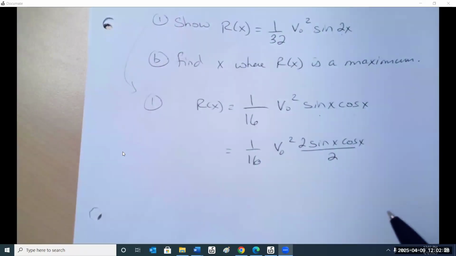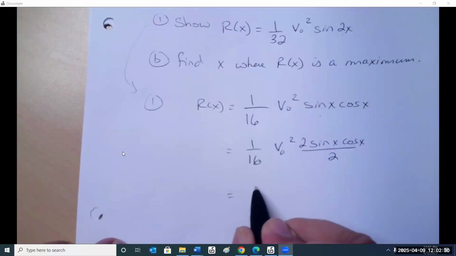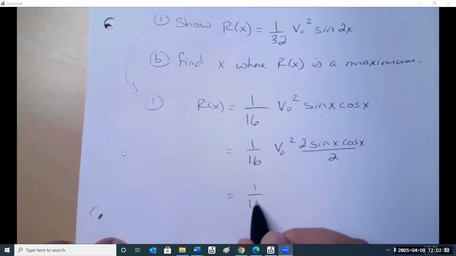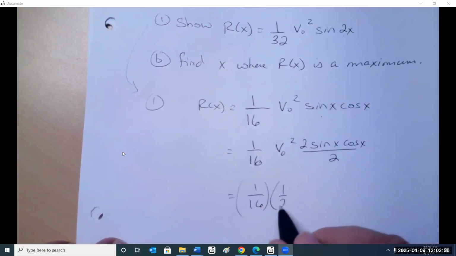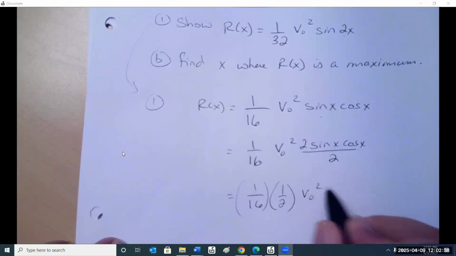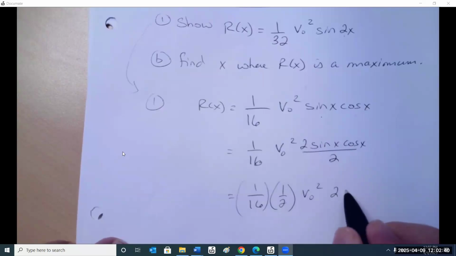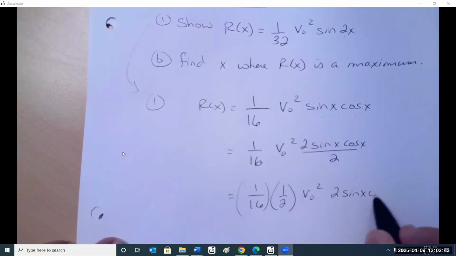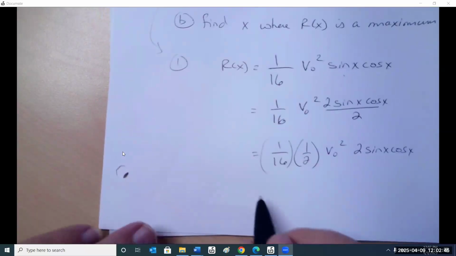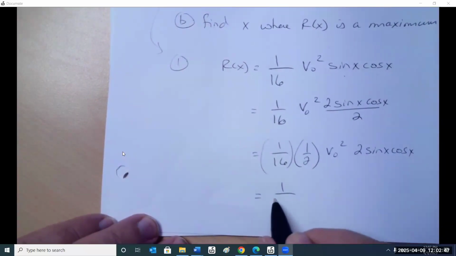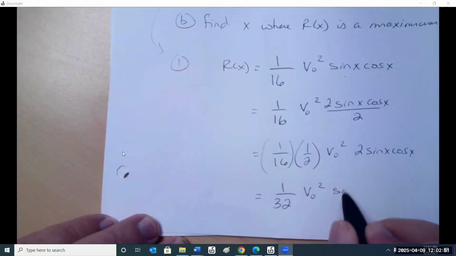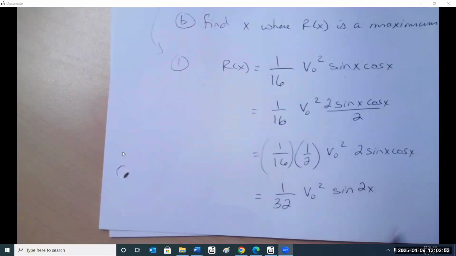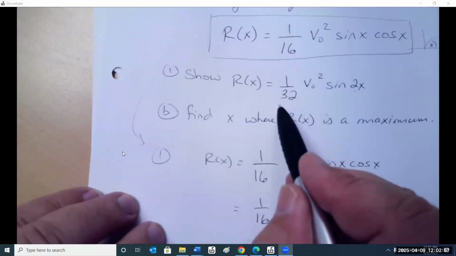We're not changing anything. This 2 comes out in front. What is 2 sine x cosine x? This is sine 2x. That's the identity, which is what we're trying to find.